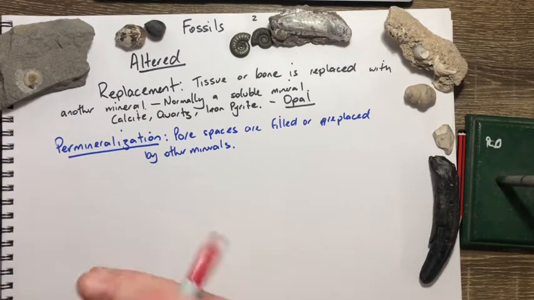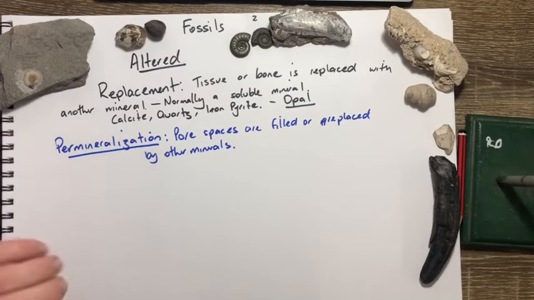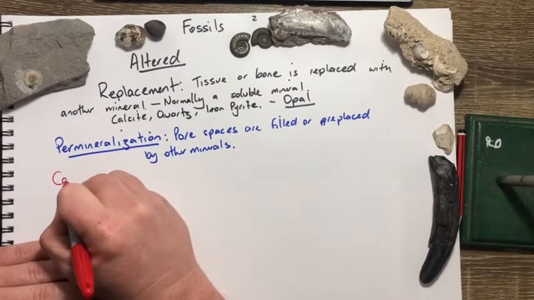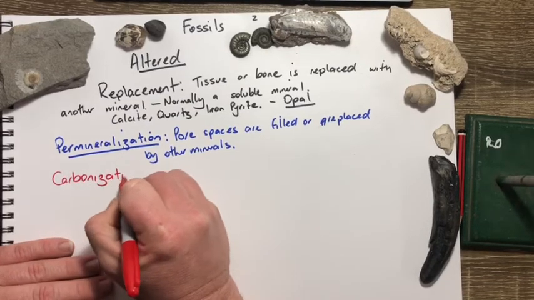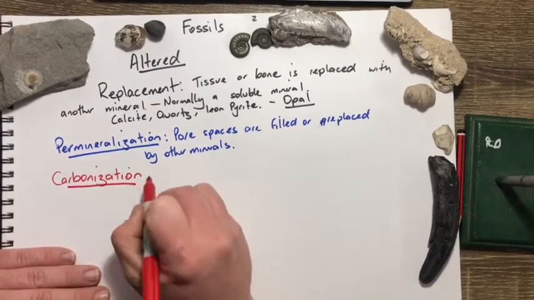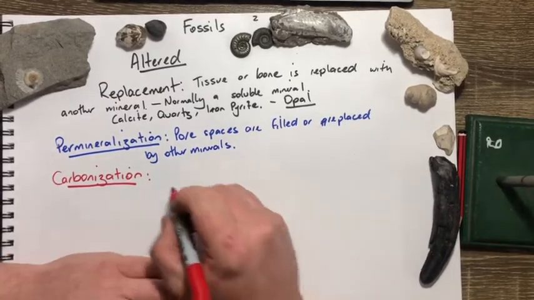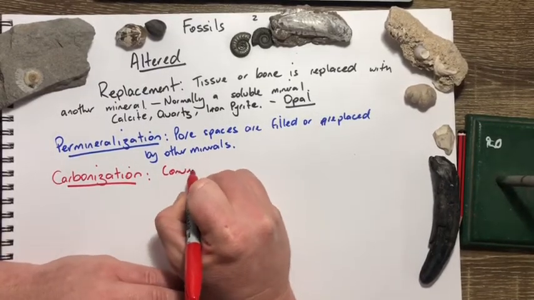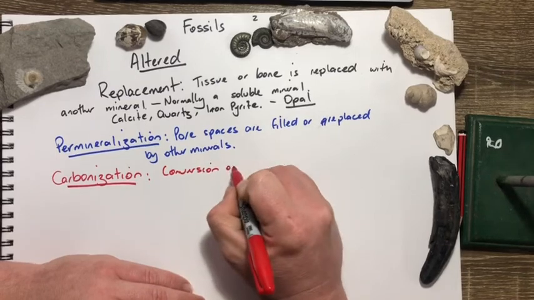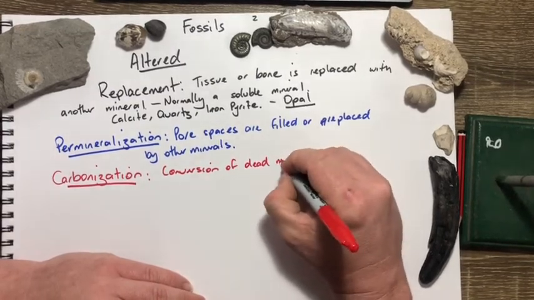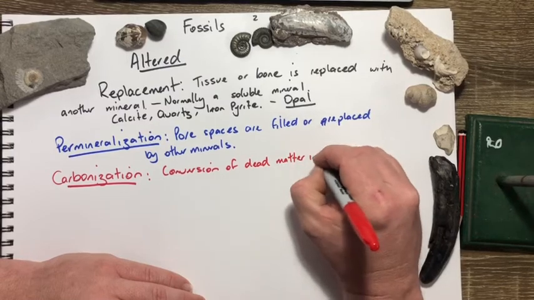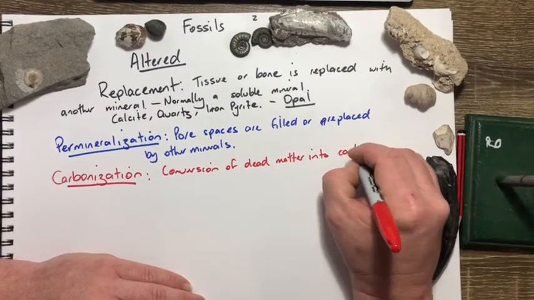Let's do this in red. And this one's called carbonization. Okay, so carbonization is the conversion of dead matter into carbon.